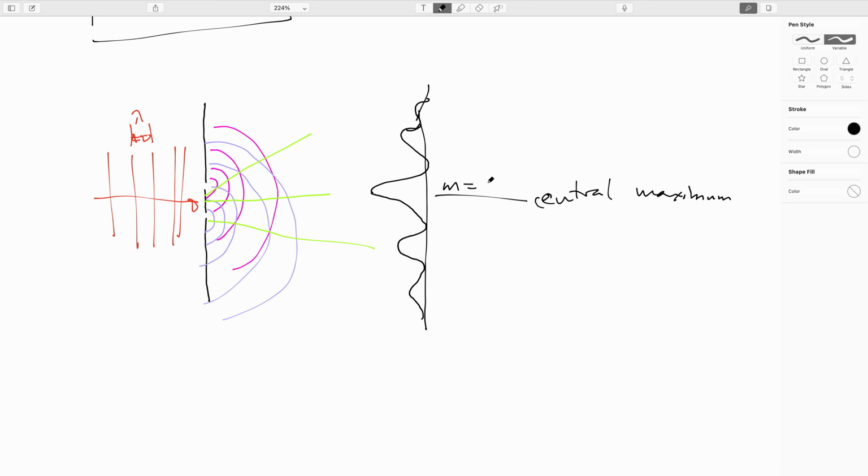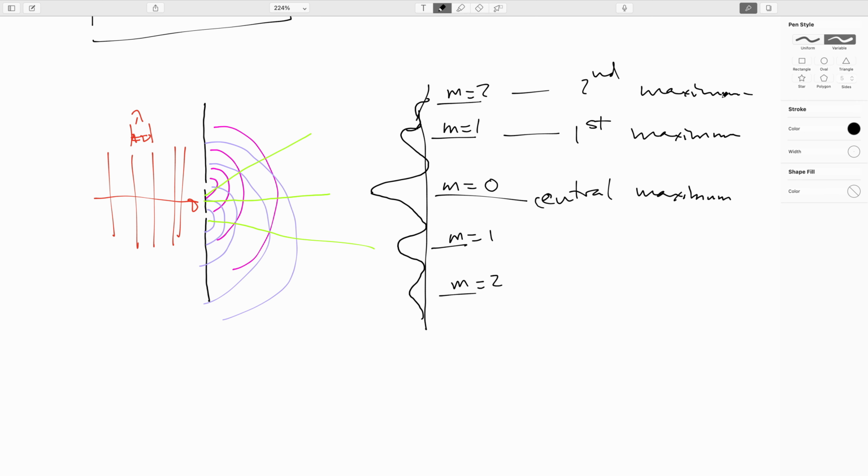The name of the number is m, and we'll say it's 0. So this isn't a mass, we're just using it as a way to hold an integer. And then here on either side, this would be m equals 1, and this is also m equals 1. Here, this is m equals 2. That's also m equals 2. This gets called the first maximum, the second maximum, and so forth.